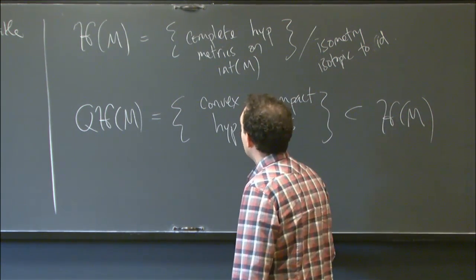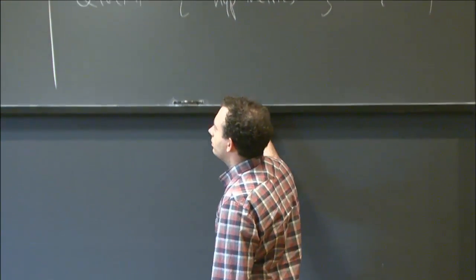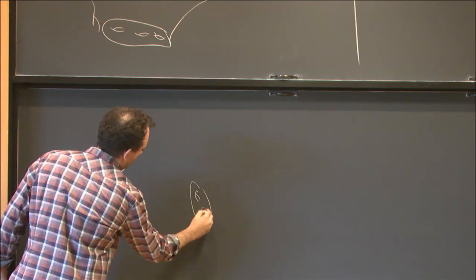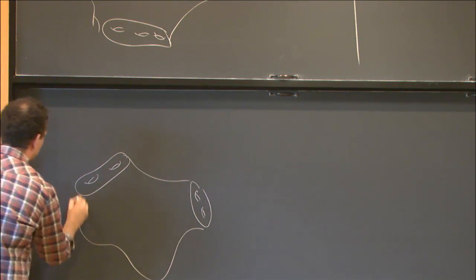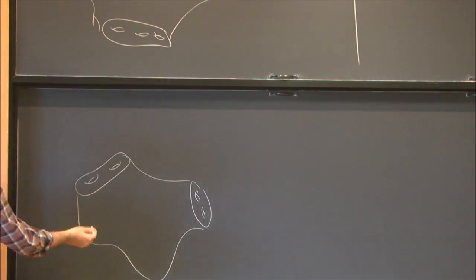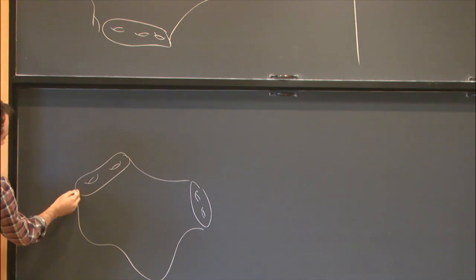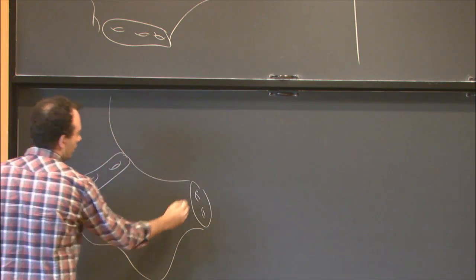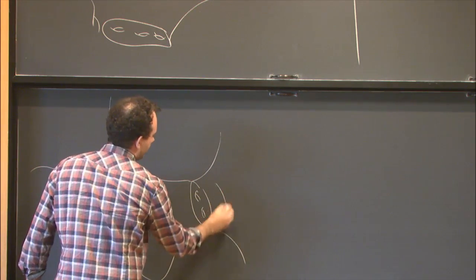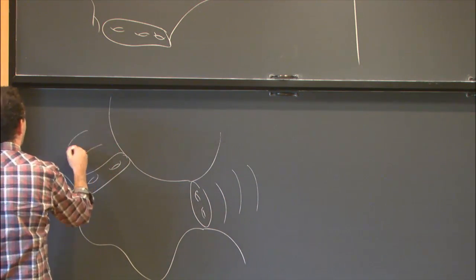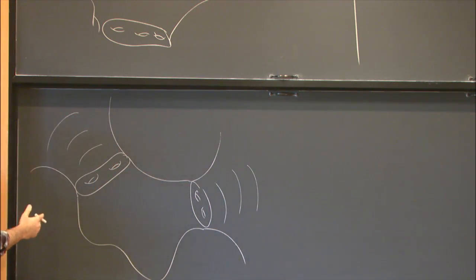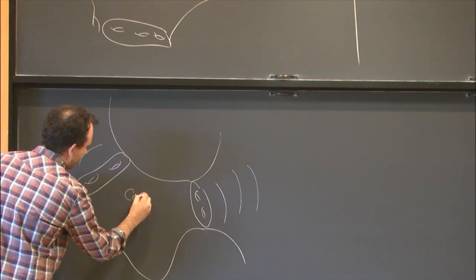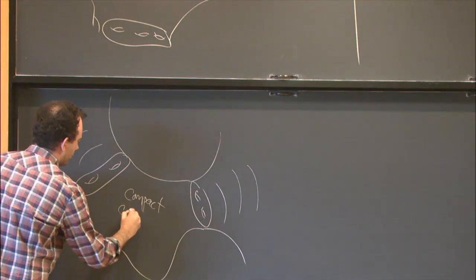The picture here is, maybe here's your 3-manifold that has 2 boundary components, and if I want to draw a convex cocompact metric on the interior, then the geometric picture is that there's this compact convex core.